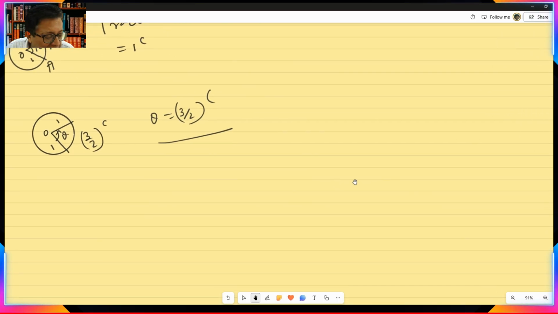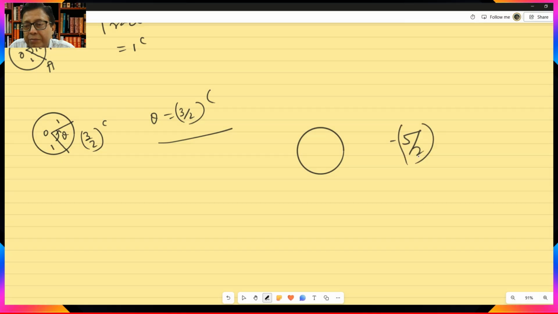Can you define minus 3 by 2 here? Of course, just the sense of rotation changes. I'm just writing minus 5 by 2 radian, we want to define here. How to? Take a unit circle only. This arc is of length AB. AB is the arc. AB arc length is 5 by 2 unit.